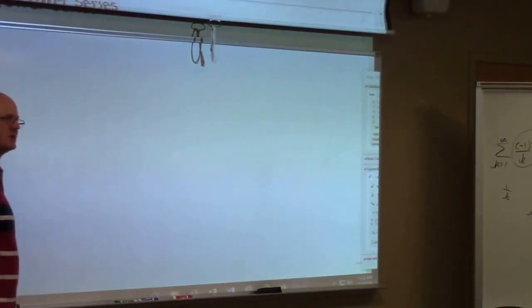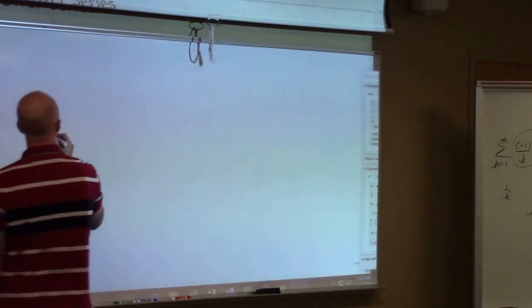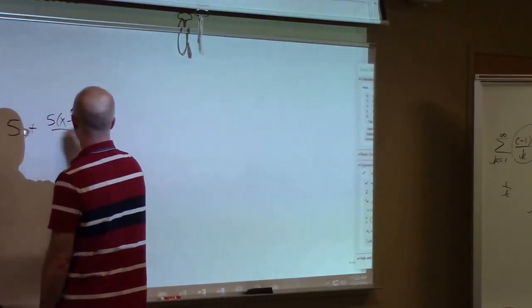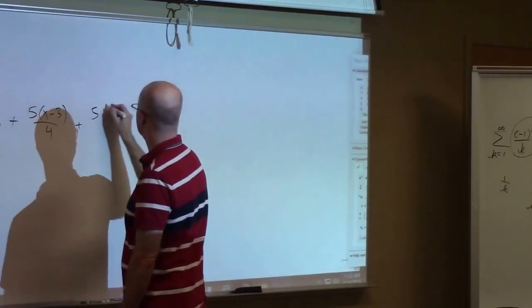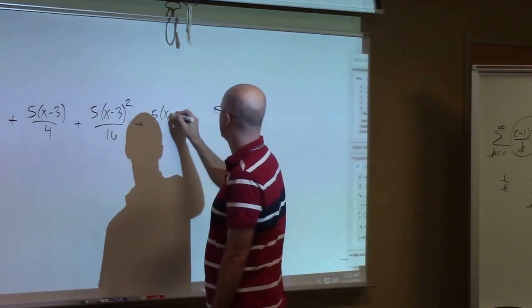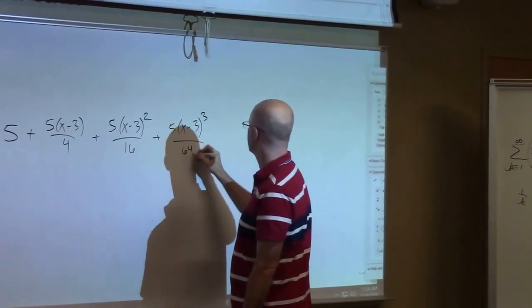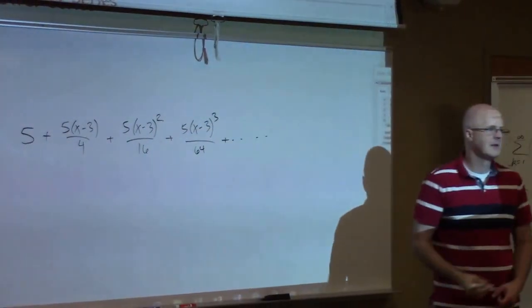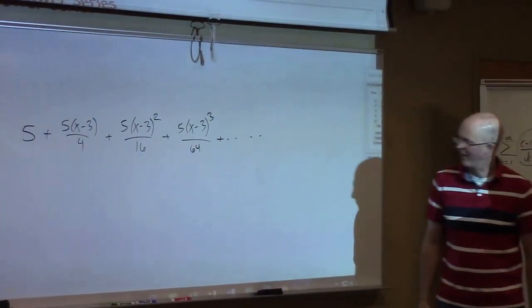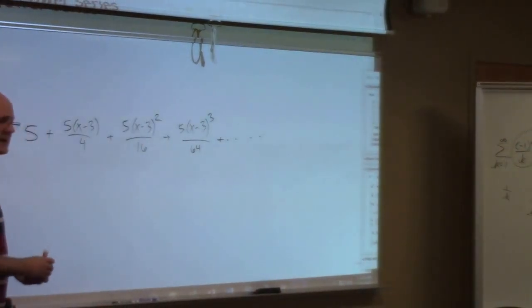Here's an example of a geometric series that is also a power series. It doesn't look geometric when you just look at it necessarily, unless you look at it in the right way. There is a common ratio.